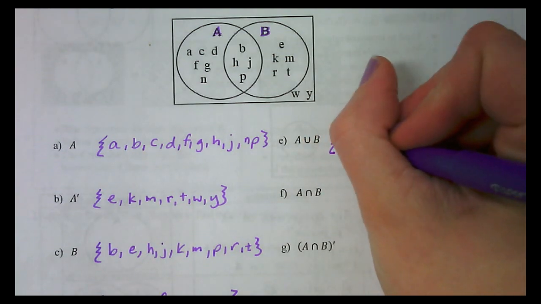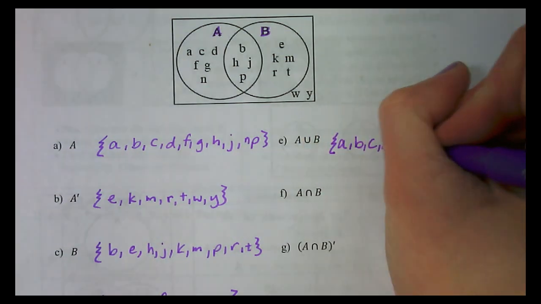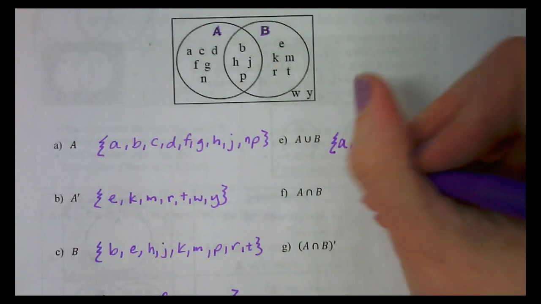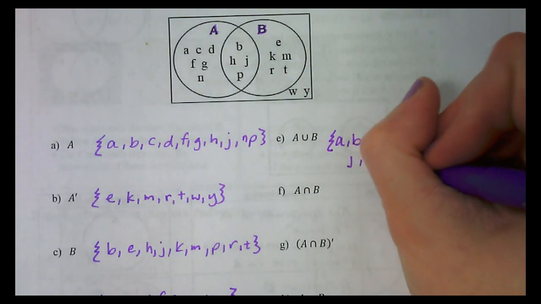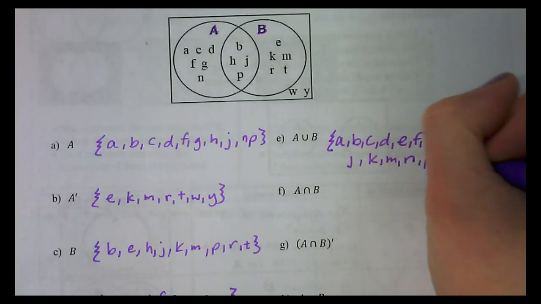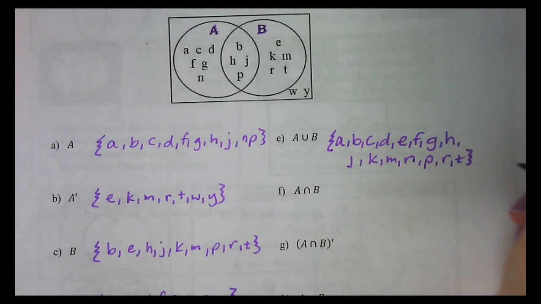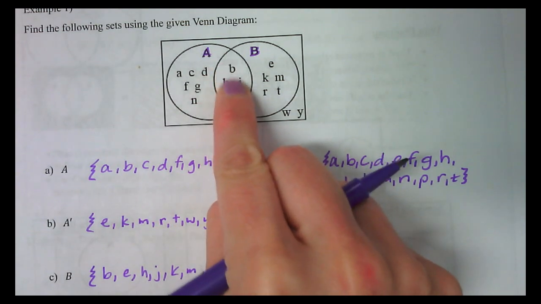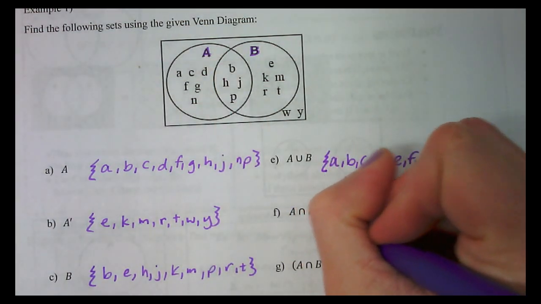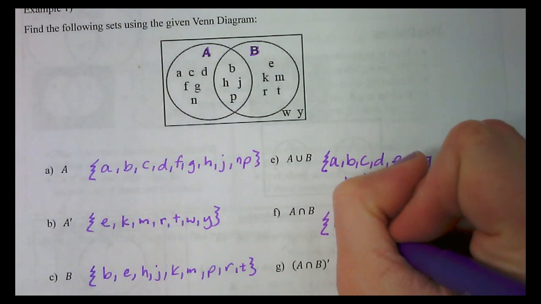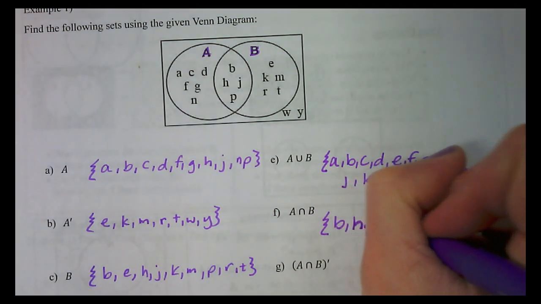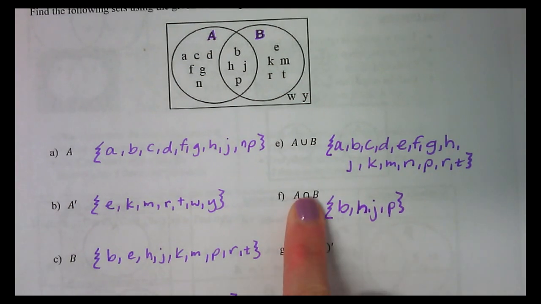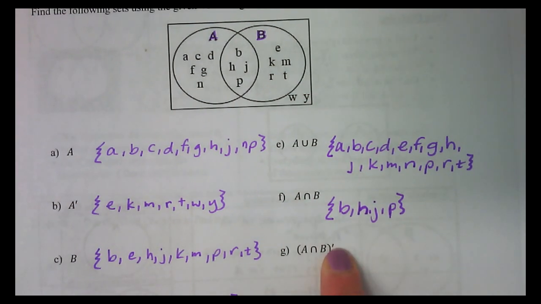So A, B, C, D, E, F, G, H, and we've got J, K, M, N, P, R, T. A intersect B is only where they overlap, so only in that intersection in the middle. B, H, J, P.